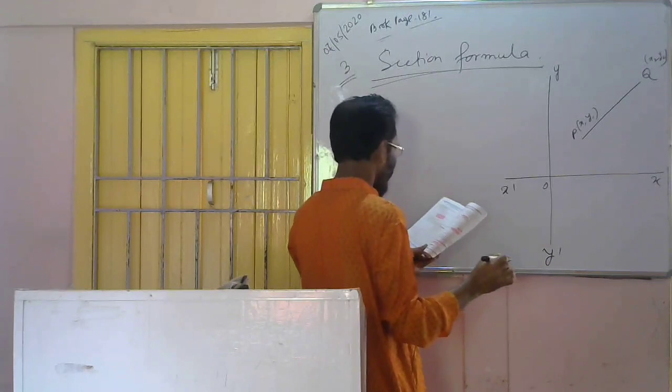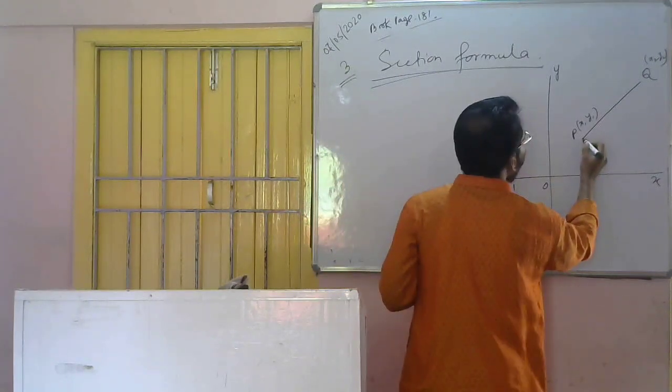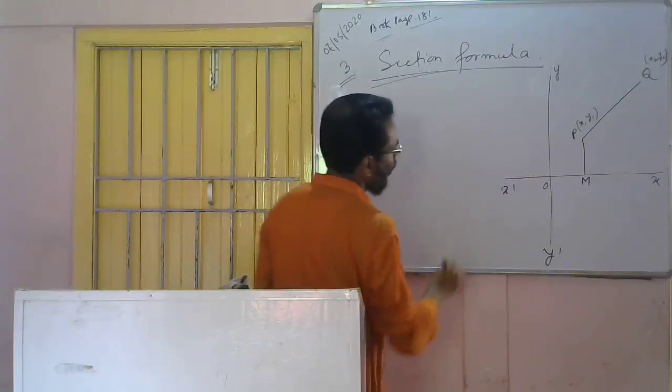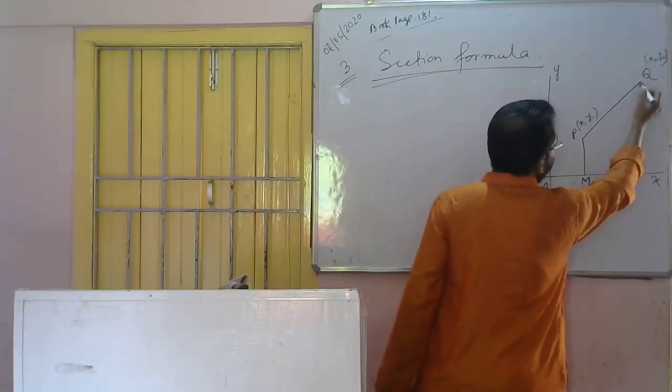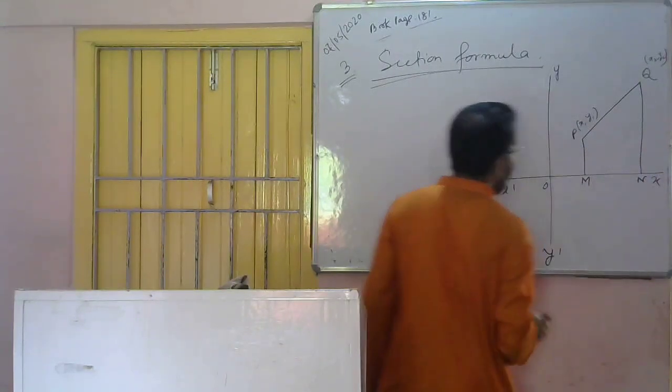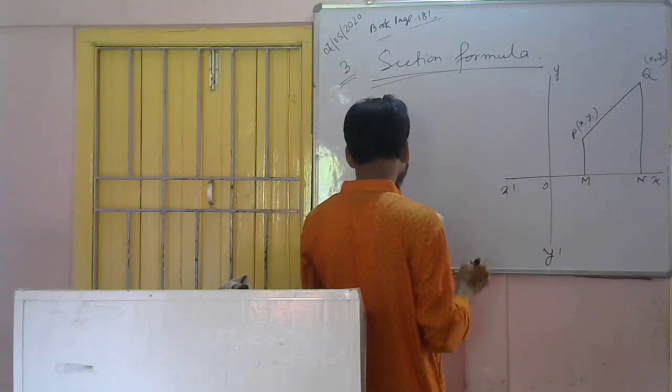Clear? Then we draw perpendiculars, just like in the distance formula. This is PM, this is QN.